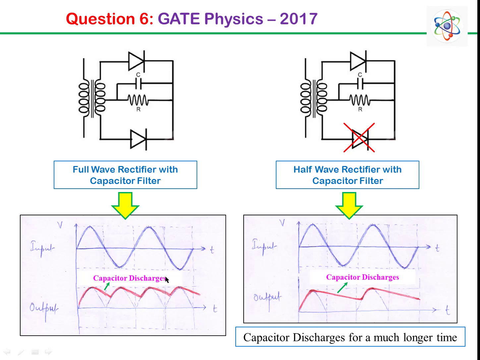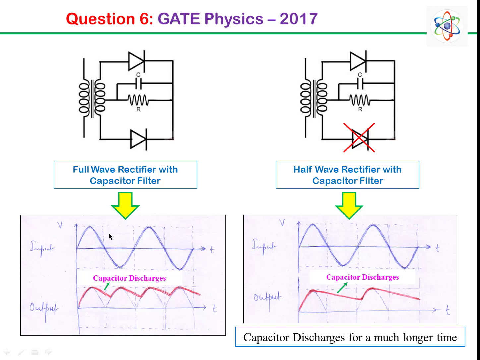Now for information's sake, you can also remember that if we remove this diode, then this simply becomes a half wave rectifier with a capacitor filter. So this is a full wave rectifier with capacitor filter, and this is a half wave rectifier with capacitor filter having only one diode.